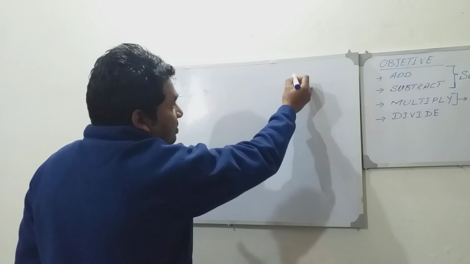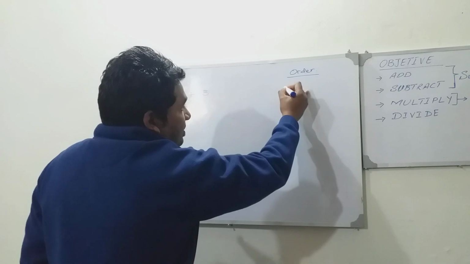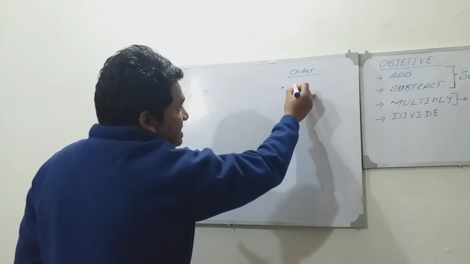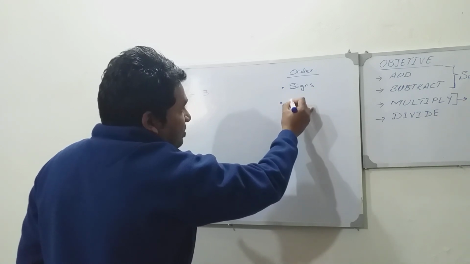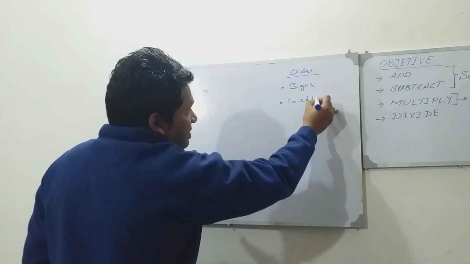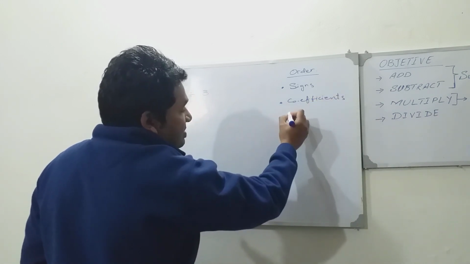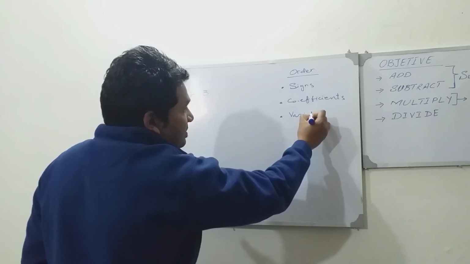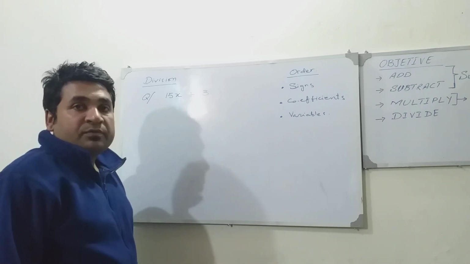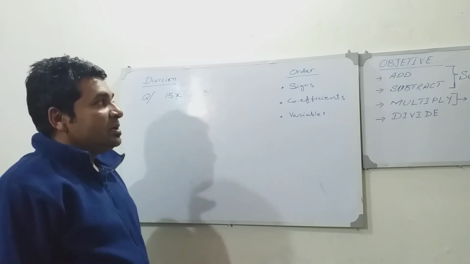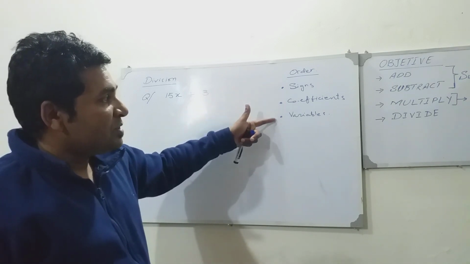First of all, the order which you have to follow: you will divide signs, you will divide coefficients, and then you will divide variables. Like in multiplication we learned that we follow this order, similarly in division we have to follow this order.